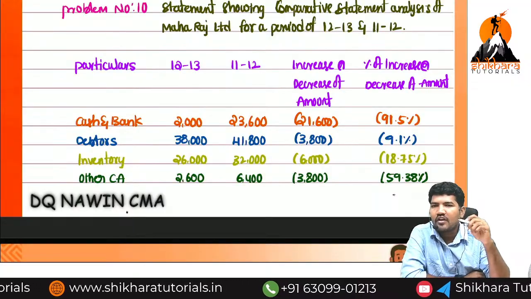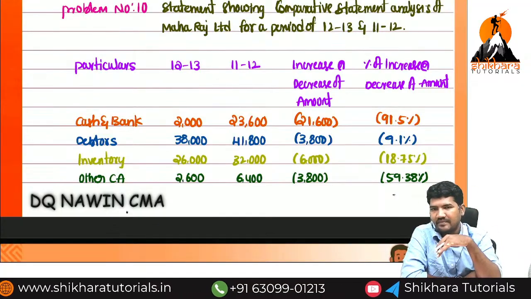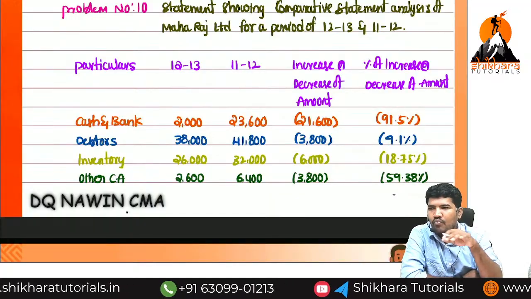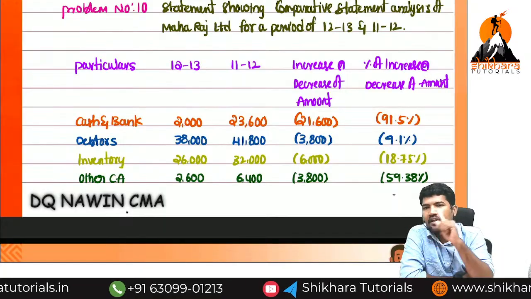Here we are not comparing with only the last year. Here we are comparing with the last years. What does last years mean? We will take 4 to 5 years of information and check what happened in the previous years.